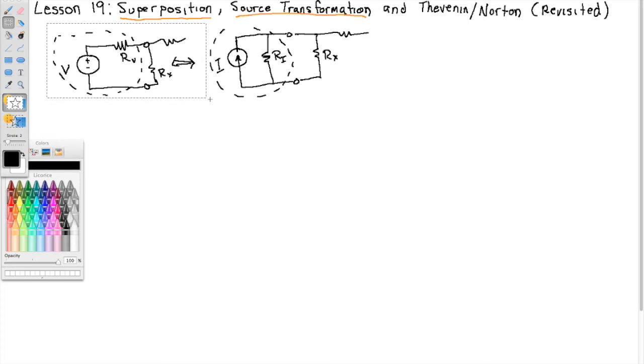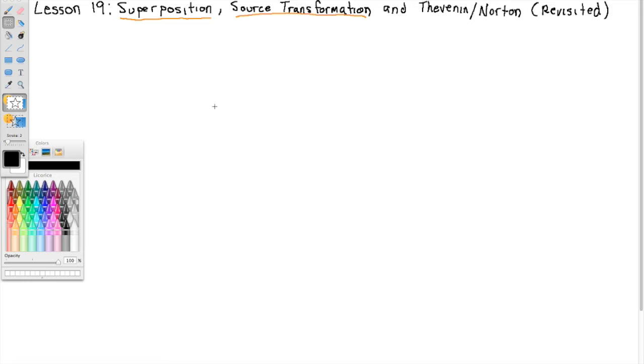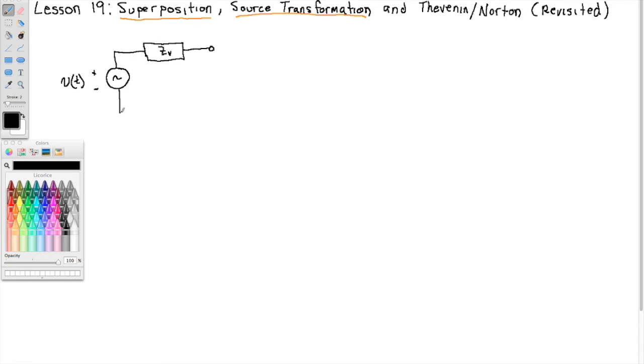So we're going to look at something very similar here in AC circuits. So in AC circuits, consider a voltage source, V, in series with an impedance. We're going to call that ZV for voltage source, connected presumably to something.